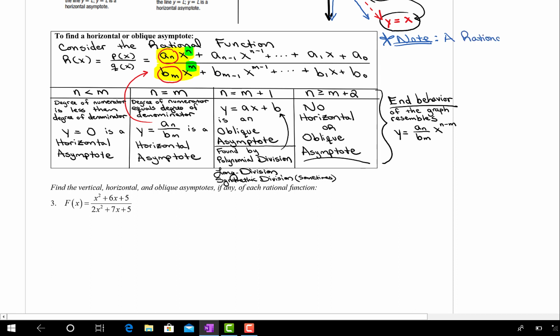A rational function never has both a horizontal asymptote and an oblique asymptote.